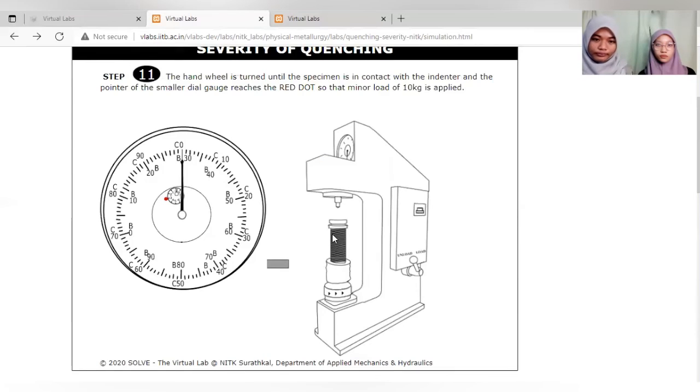The hand wheel is turned until the specimen is in correct contact with the indenter, and the pointer of the smaller dial gauge reaches the red dot, so that a minor load of 10 kg is applied. Move the wheel to adjust the specimen height.